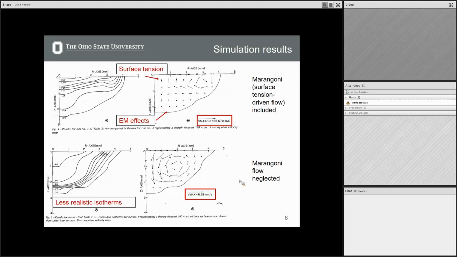But in the paper they note that these are less realistic isotherms, far less realistic, and it also slows down the total speed of convection and melting to unrealistic values. Makes sense?